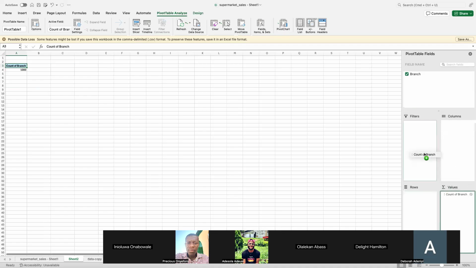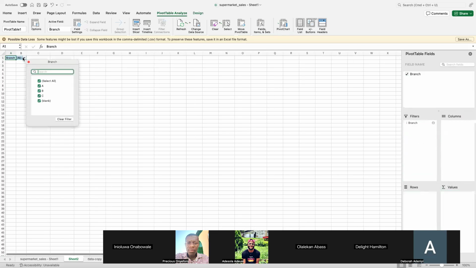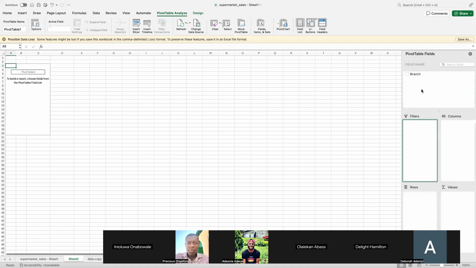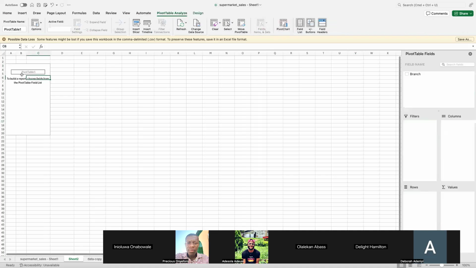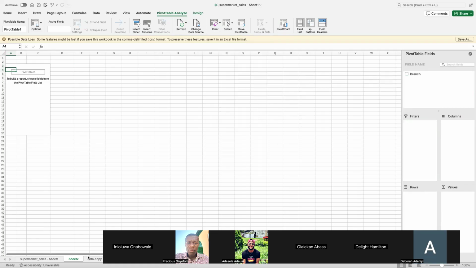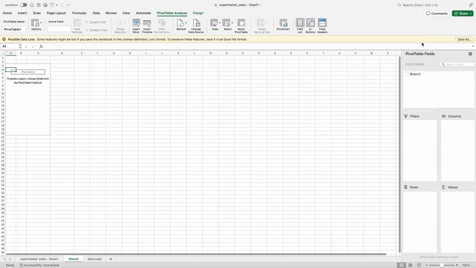So this is count. Let me count it to filter. It's not looking nice.